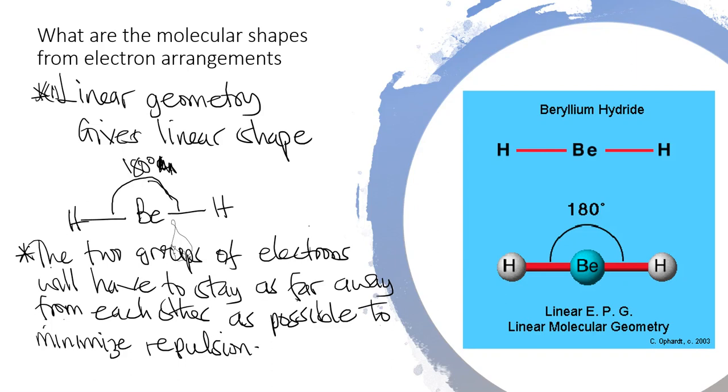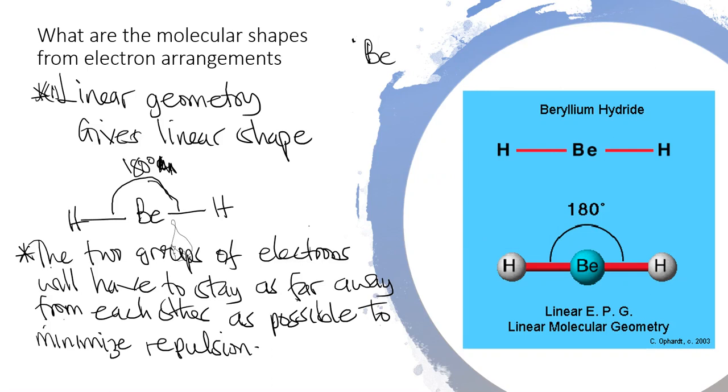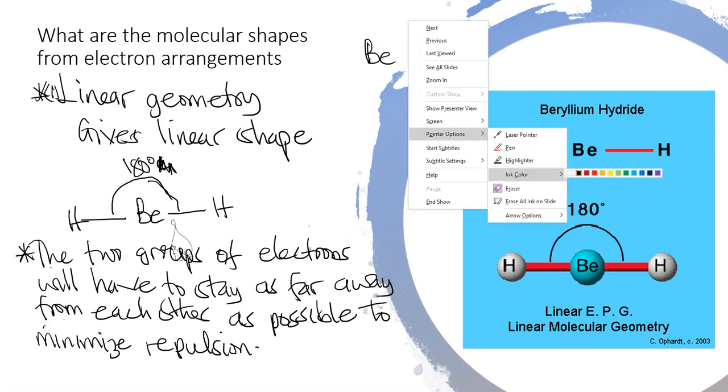So the best way, if you have two groups of electrons, if you have Be here and you have two groups of electrons, you don't want to put one here, another here, because they are too close, they are going to repel each other. To avoid that, you need to put the two electrons as far away from each other as possible.